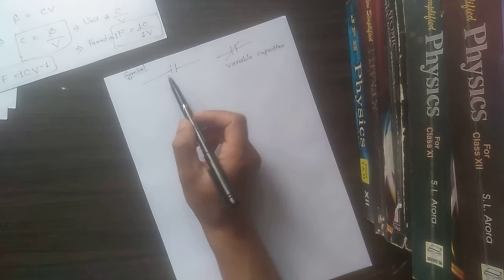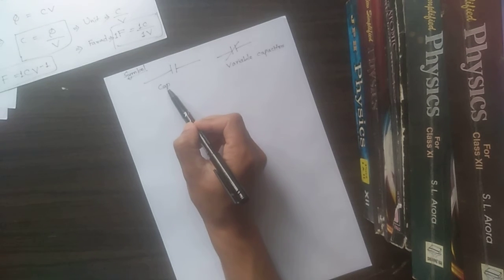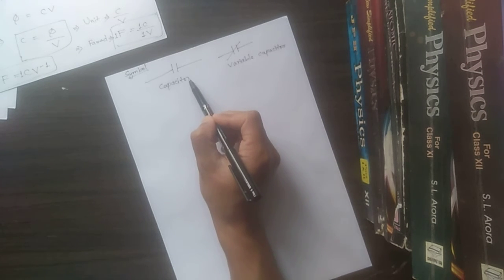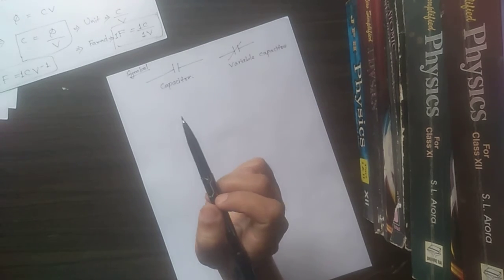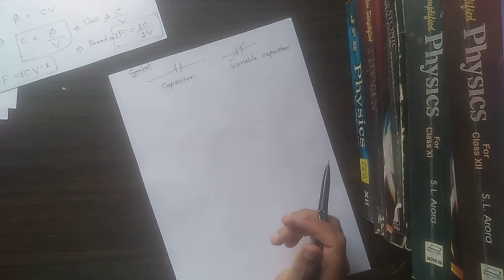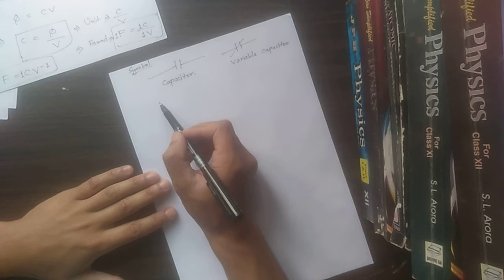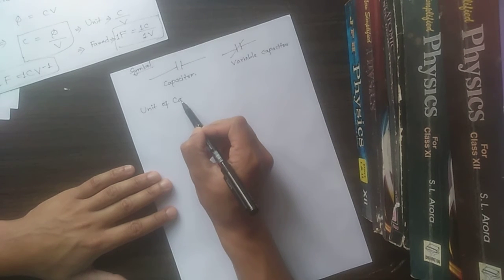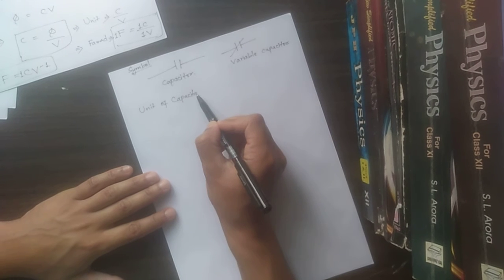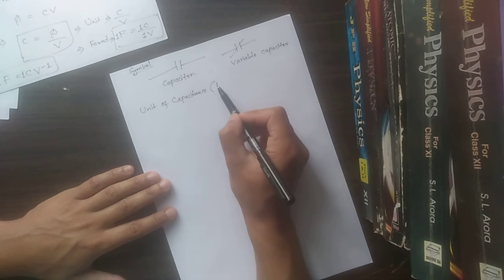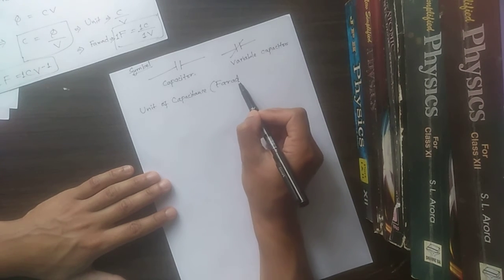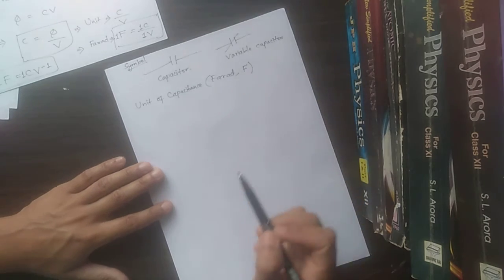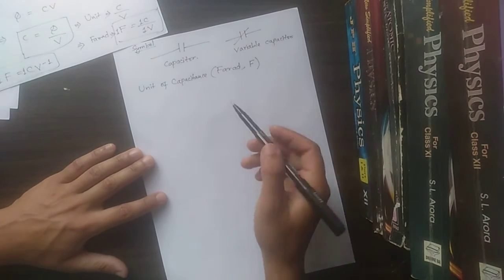This is simply a capacitor. So symbolically, a capacitor can be written as this one, and the unit of capacitance is farad, which is denoted by capital F.